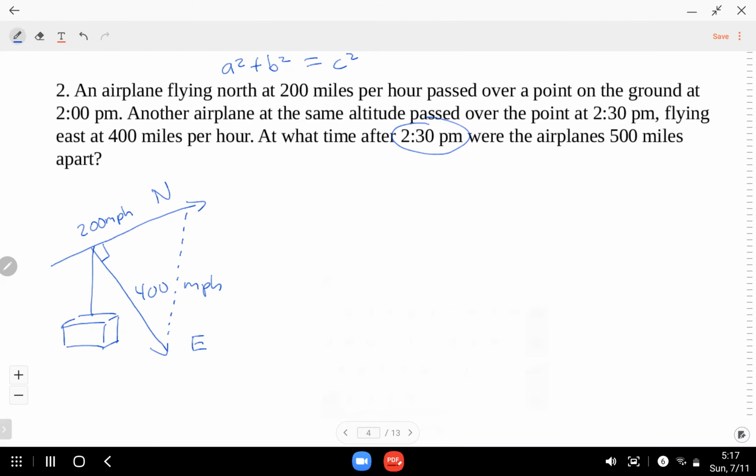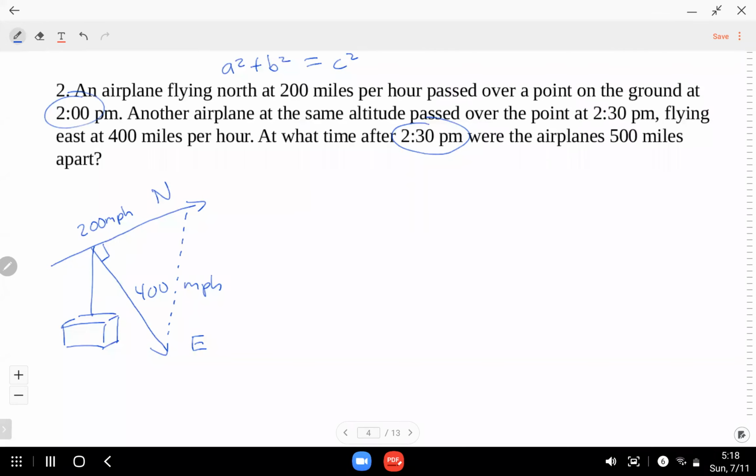Right. So since we're calculating time after 2:30 p.m., we need to derive a formula that calculates the distance after 2:30 p.m., not at 2 p.m. And since this airplane flying north passed over this point at 2 p.m., that means this airplane has flown, what's the correct word for it?